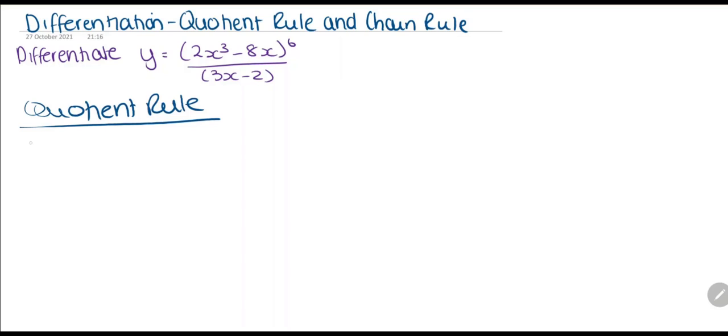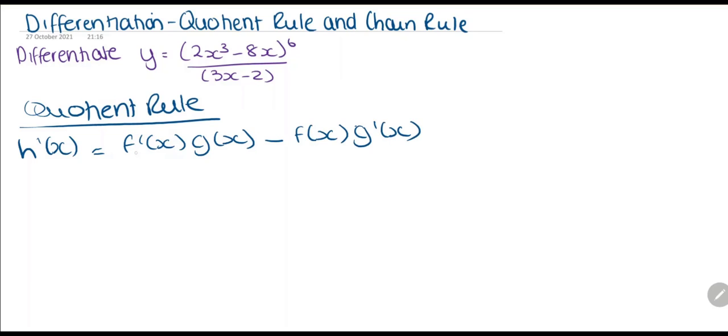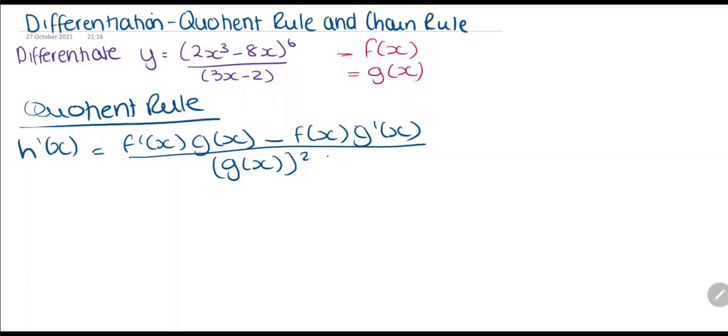To find the derivative of h, we're going to need to take the derivative of f of x multiplied by g, minus f multiplied by the derivative of g, and this is all divided by g all squared. So we need our top function to be f of x and our bottom function to be g of x.